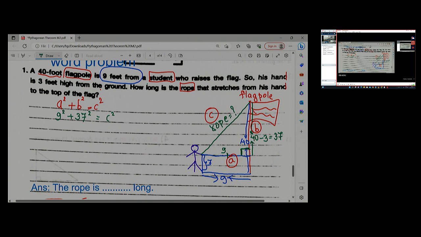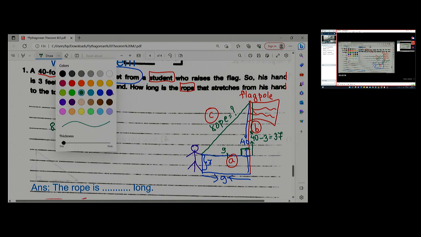9 square is 81. 37 square is 1369. So we add them. How much is 81 plus 1369?